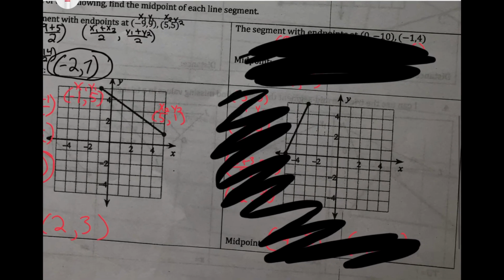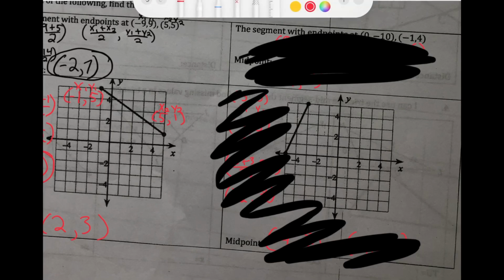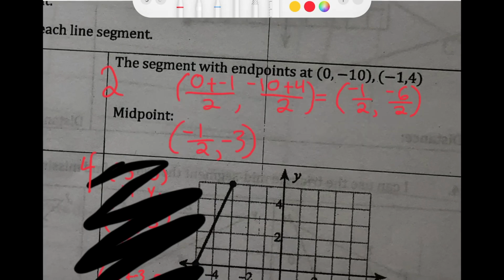So if you will, pause the video and try the other two midpoint problems on this sheet. So for number 2 and number 4, for number 2, you should have gotten the midpoint of negative 1/2, negative 3.